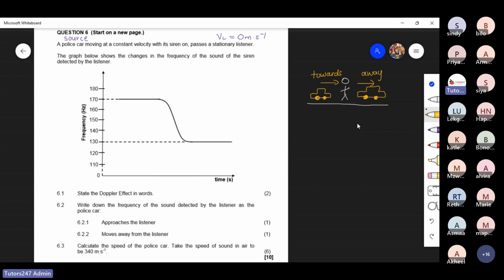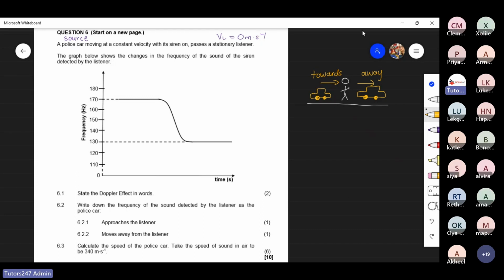Then scenario number 2, once you've passed that person and you start to move away from them, the sound emitted from your vehicle is then going to be softer. Okay, so that is what you need to understand from this. So within this one motion of just driving straight past someone, there's 2 different situations that take place, and due to that we will have 2 different frequencies that arise.